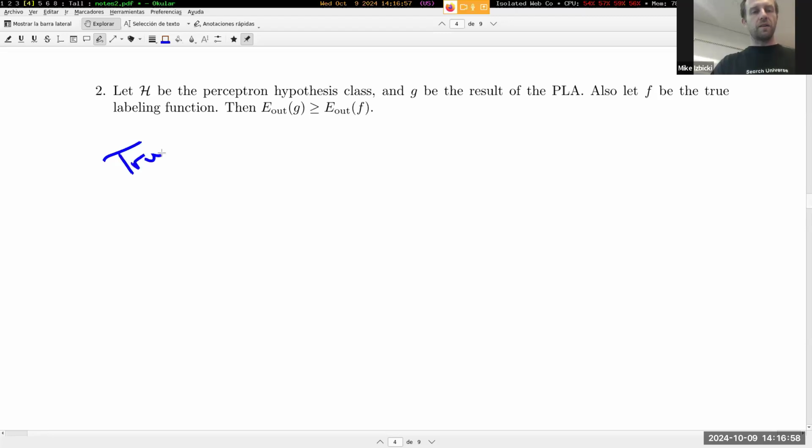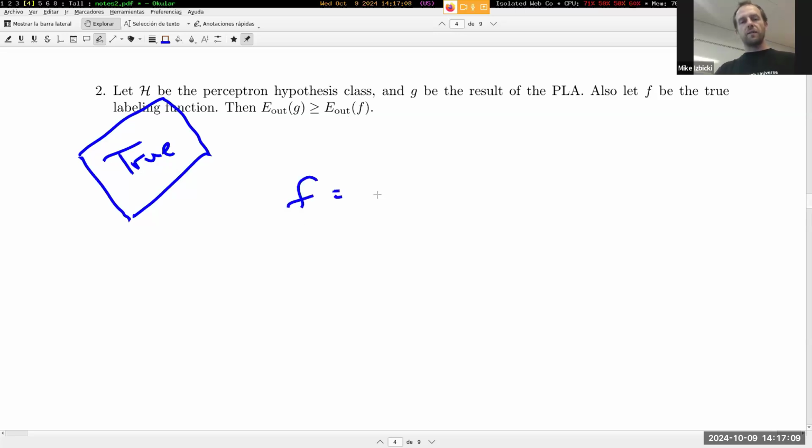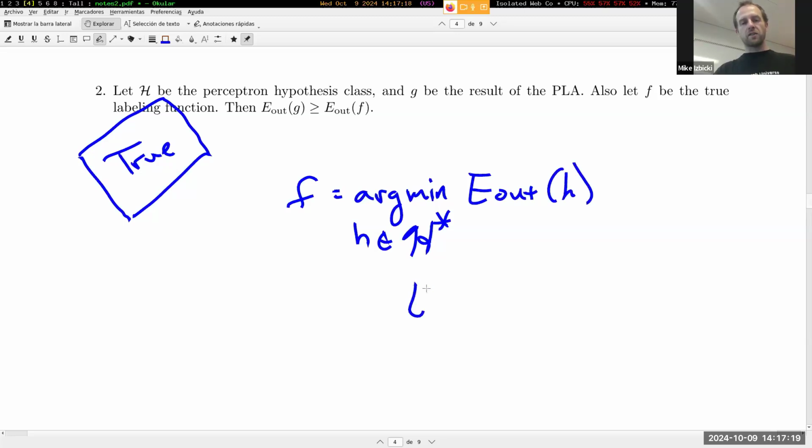This is true by the same arguments from our quiz. True here. Again, f is defined to be the arg minimum of E out of h over the union of all of the hypothesis classes, h star being the union of all hypothesis classes.